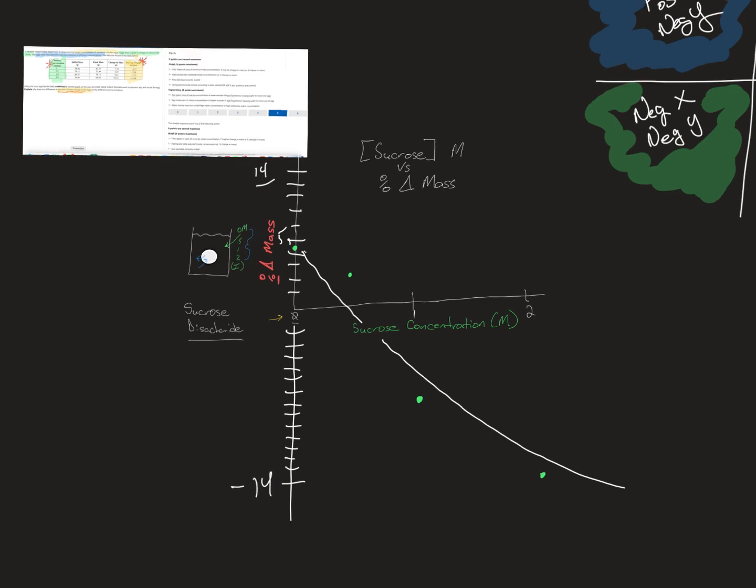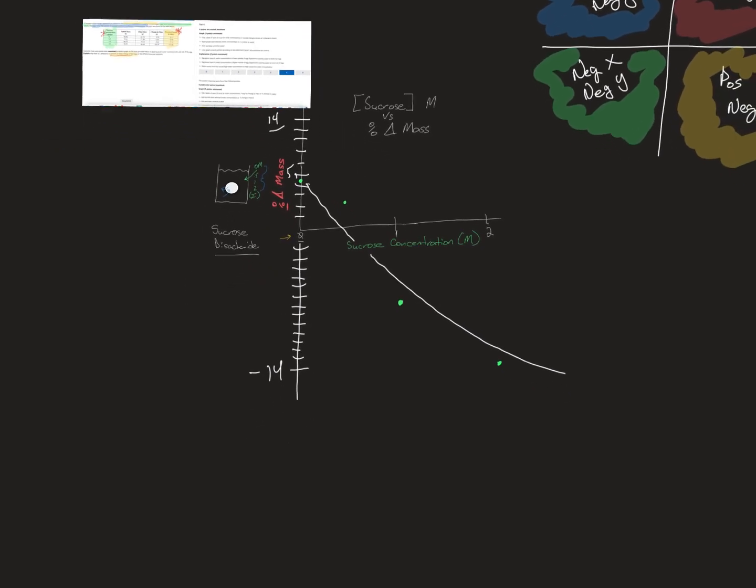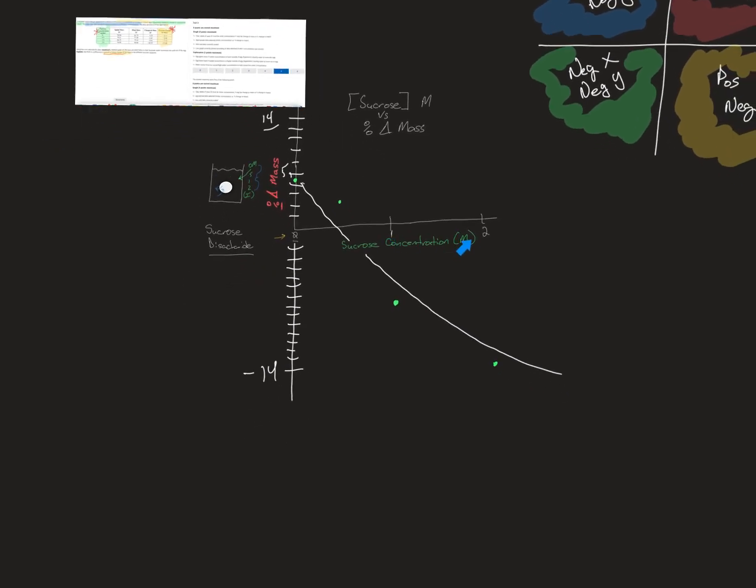So my percent change, as the concentration of sucrose went up, I lost more and more water. So more water went out. So I had 2 situations. In the negative, it was when I was losing water, I had my egg.